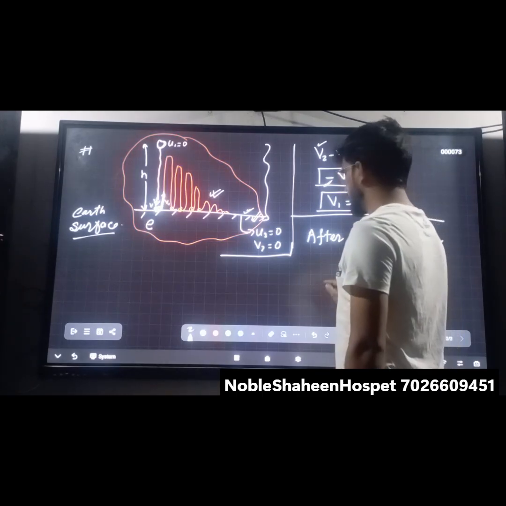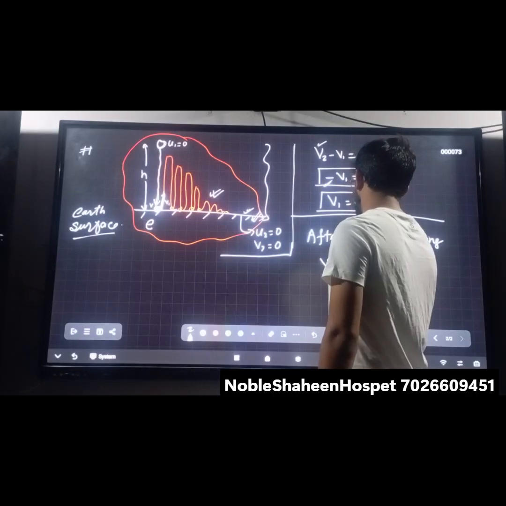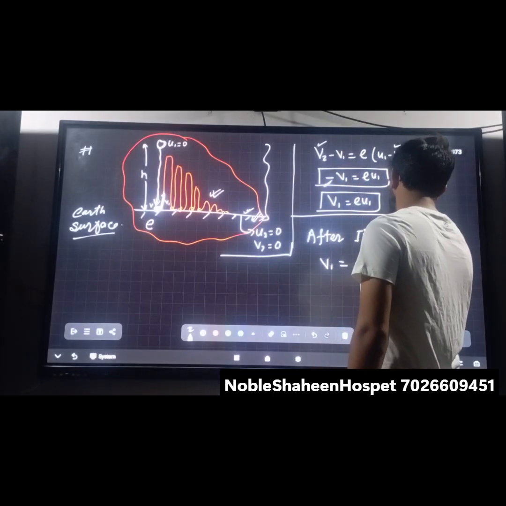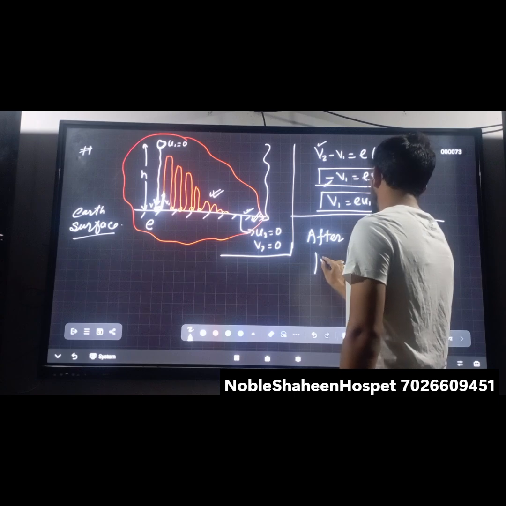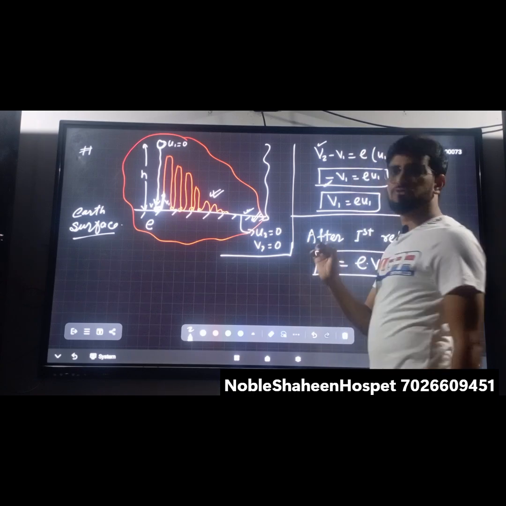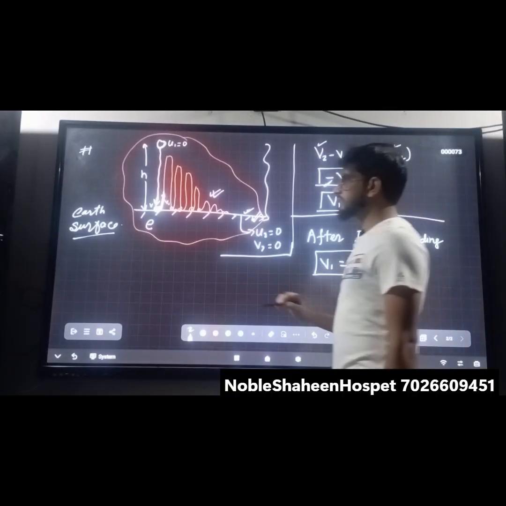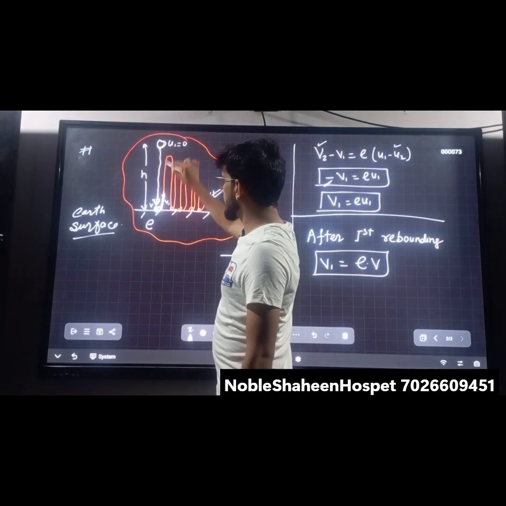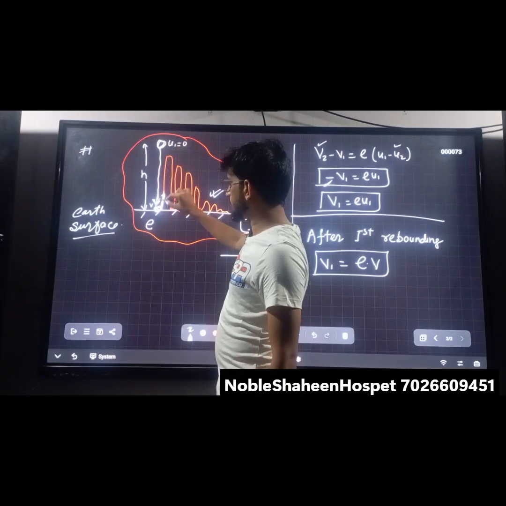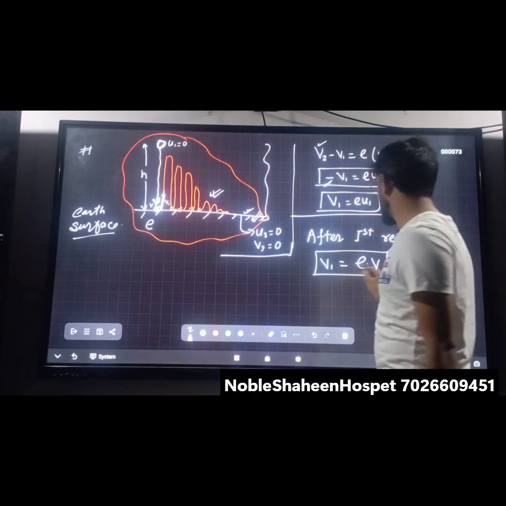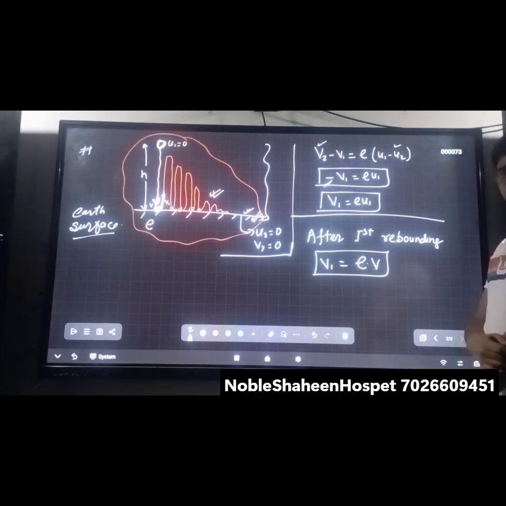We can say that this v1 can be written as e into v, where v is the velocity before the first collision, the initial velocity of the ball. So v1 is equal to e into v.